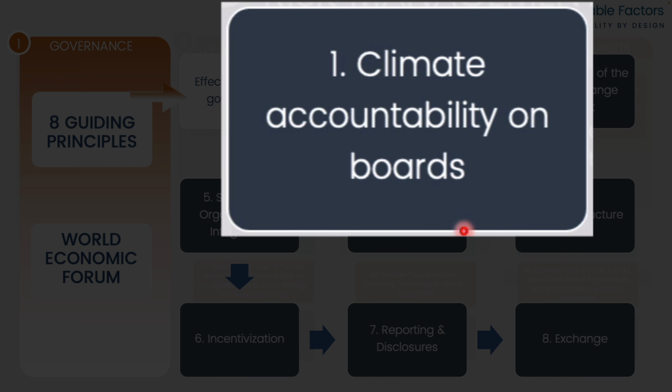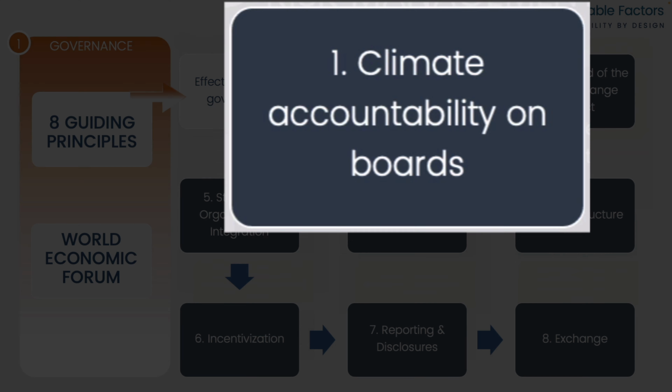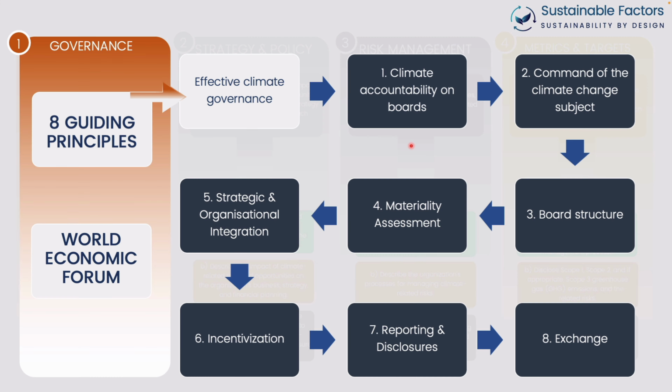And yes, the methodology is actually the same as before to some degree, whereby climate accountability on boards is the instruction, or as we said, the required outcome. In other words, it's like saying we, the Financial Stability Board, want you, the organization, to deliver an outcome whereby you have climate accountability on your board.